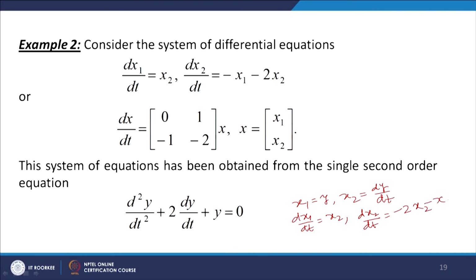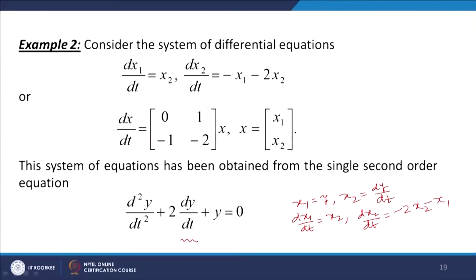So, minus x1. So, you can see we have dx1 by dt equal to x2, dx2 by dt is equal to minus x1 minus 2x2. So, this system of differential equations has been obtained from this single second order differential equation d square y over dt square plus 2 dy by dt plus y equal to 0.